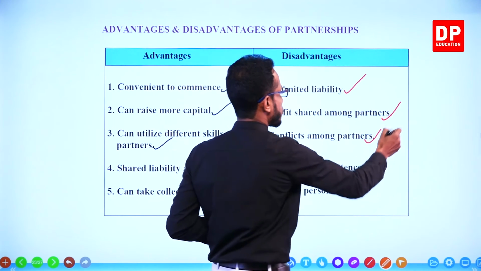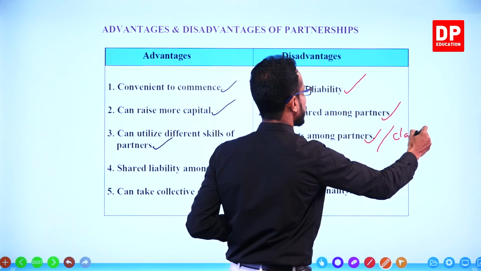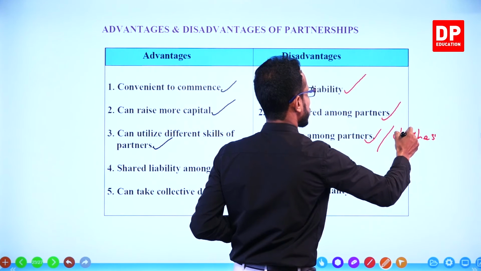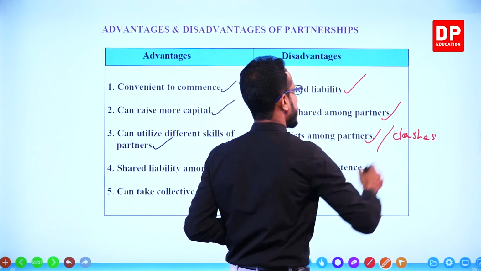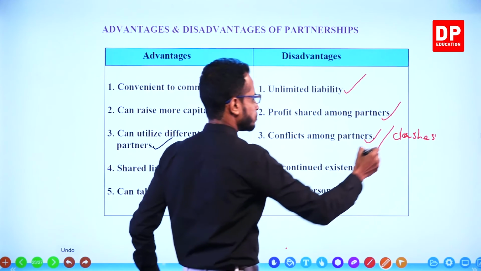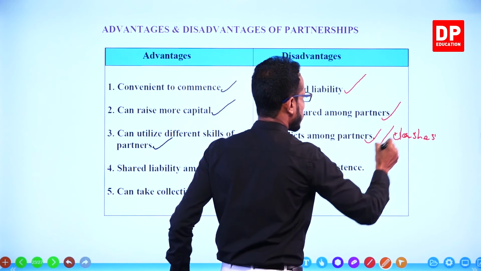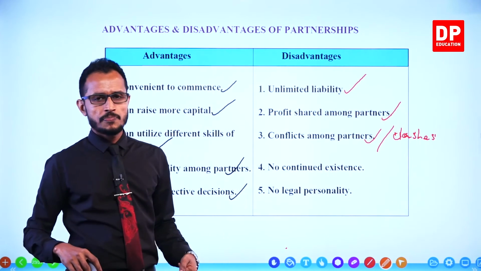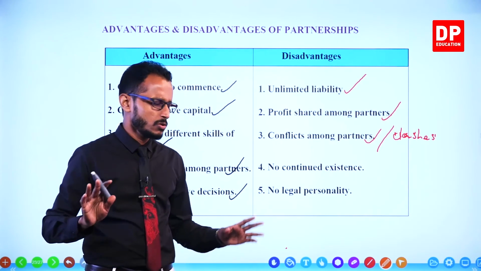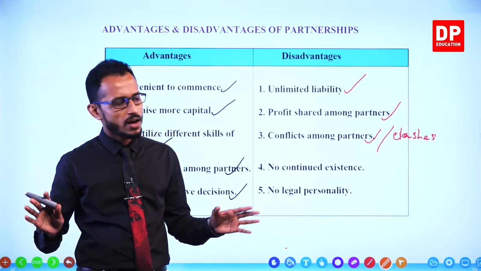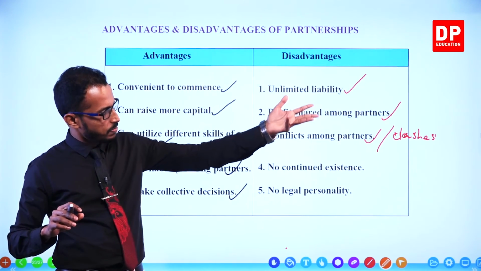Conflicts can occur. Clashes, fights. One person says the juice bar should be black and blue, and the other person says, no, that is not a good color for a juice bar, we will paint it orange and purple.